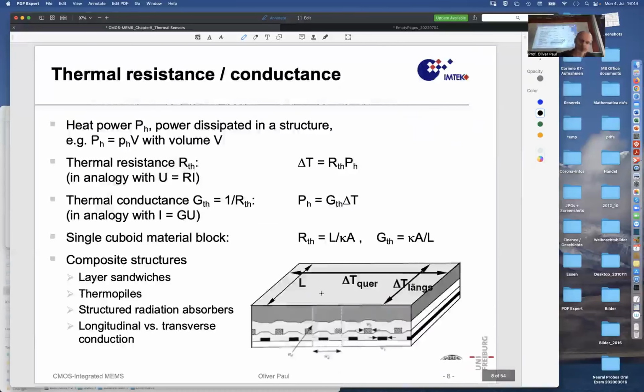Now often materials are not composed of only one material with one thickness, but of different constituents. What you have here is an excerpt of a thermopile, a CMOS thermopile. So you have the field oxide down here. Let me write this down. This could be the field oxide. We have here some polysilicon.